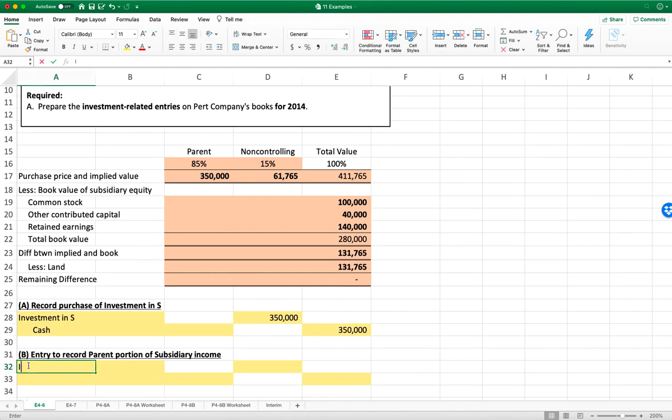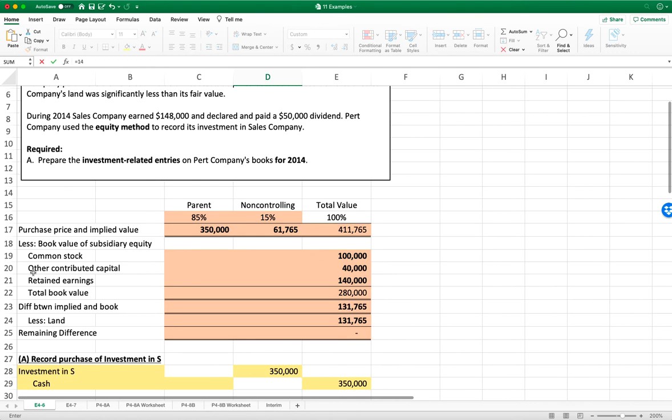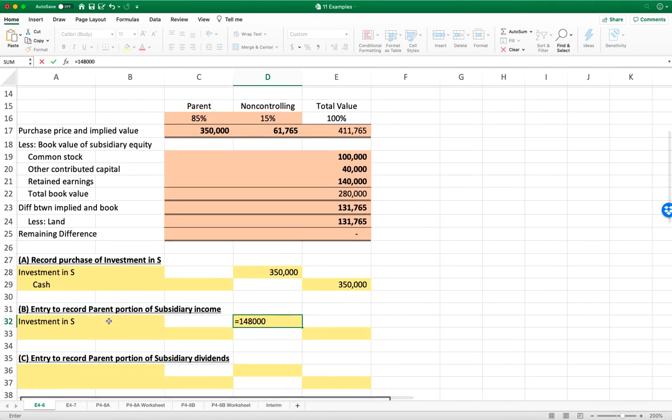So we're going to debit investment in S for $148,000 times our ownership percentage, which is 85%. We're just going to increase our investment in S for our portion of the subsidiary's earnings.